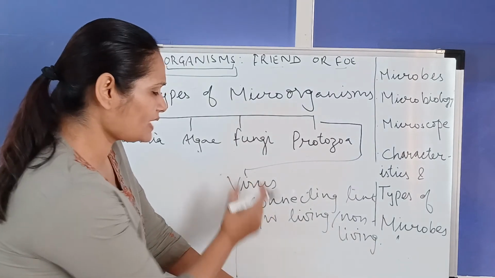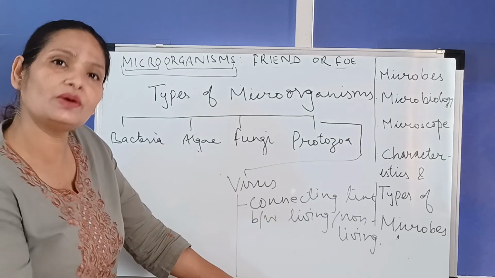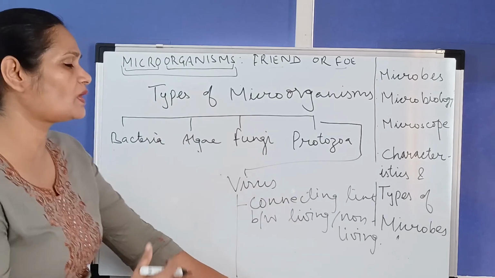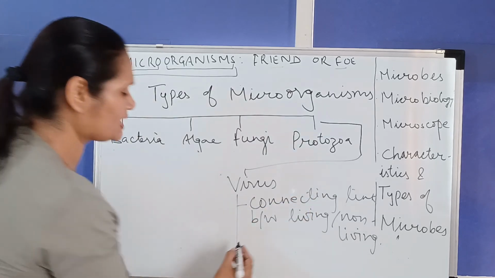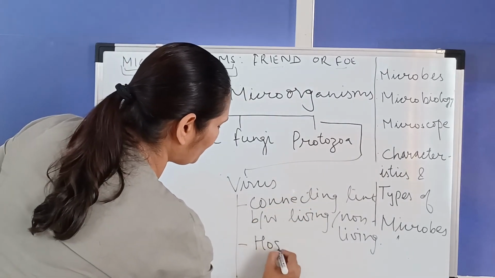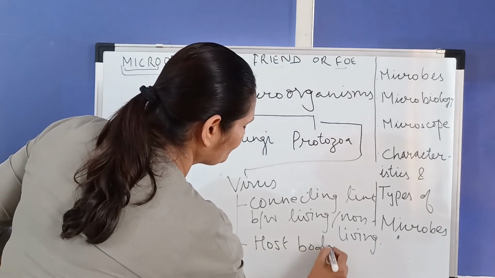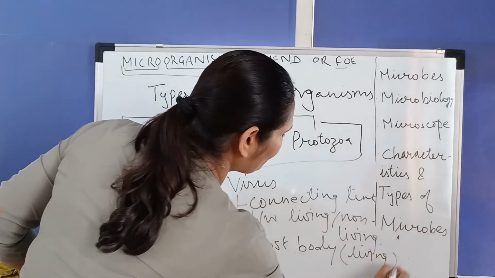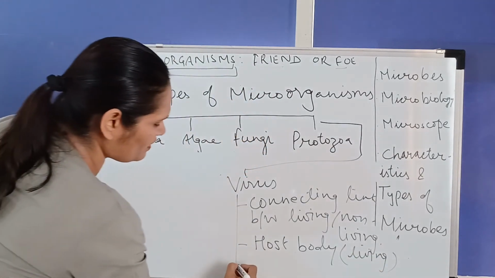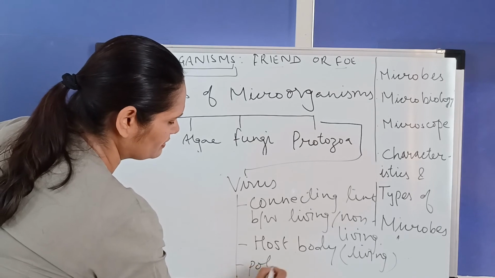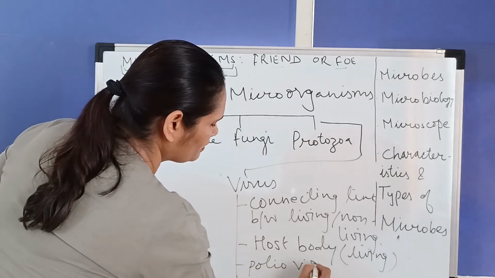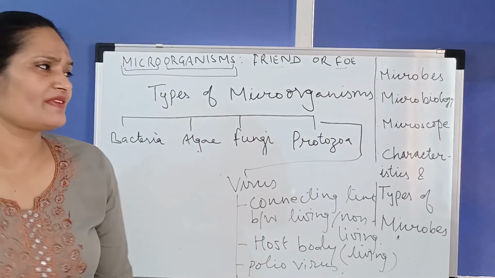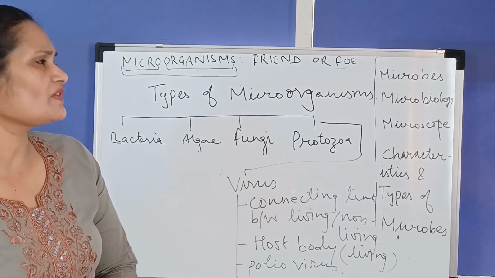Once they are in the host body, they are living, and once they are outside the host body, they are non-living, right? So they require a host body, and inside the host body they are living. Okay, examples of virus can be poliovirus, then COVID-19, COVID virus, influenza virus, all these are examples of viruses.